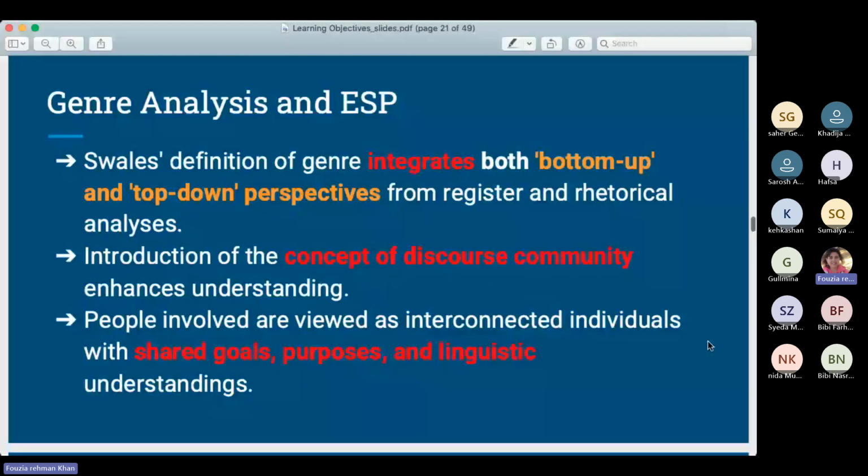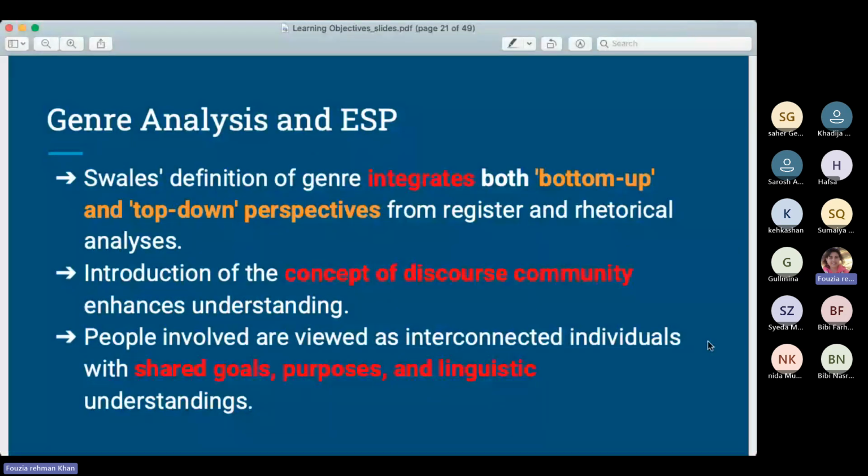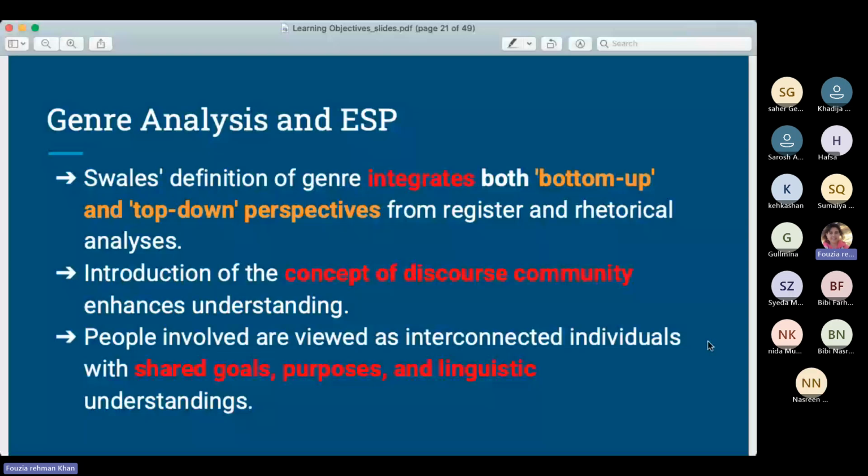Genre analysis is a subject that you are studying, so understanding genre analysis wouldn't be very difficult. The first thing is that genre analysis is a mix of register analysis and rhetorical or discourse analysis. So it integrates both the bottom-up approach and the top-down perspectives from both of them, right?